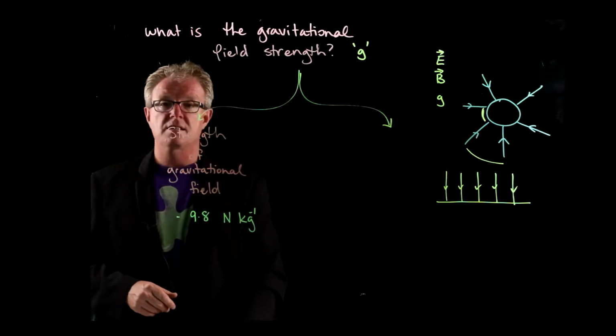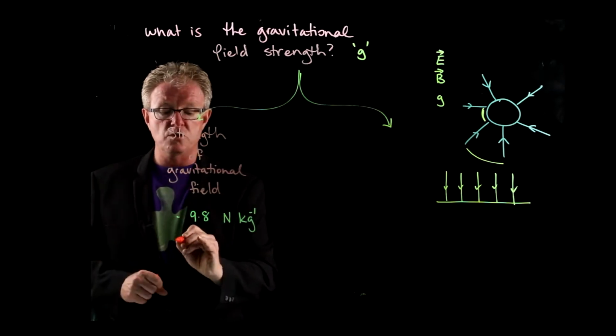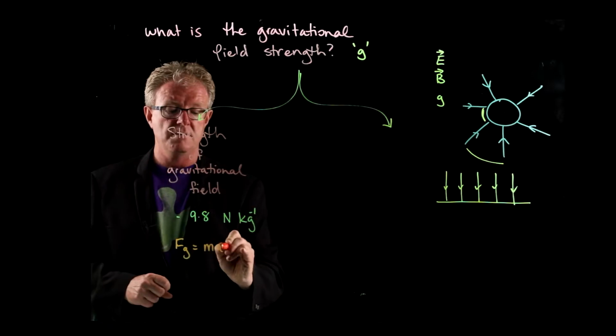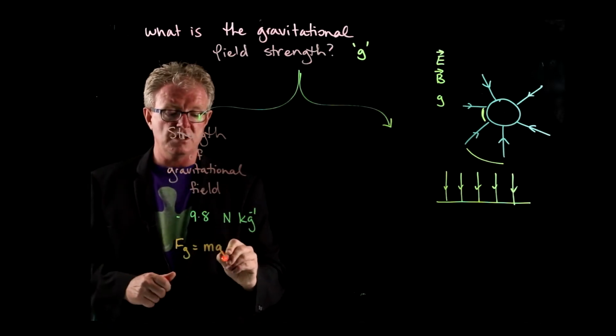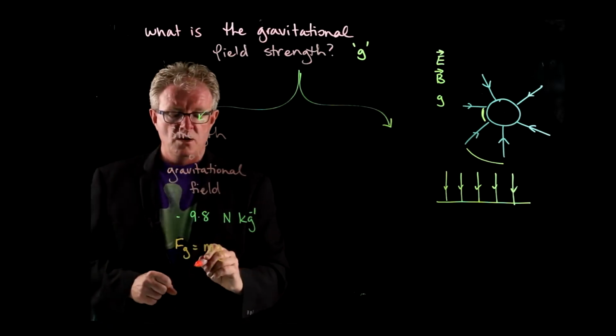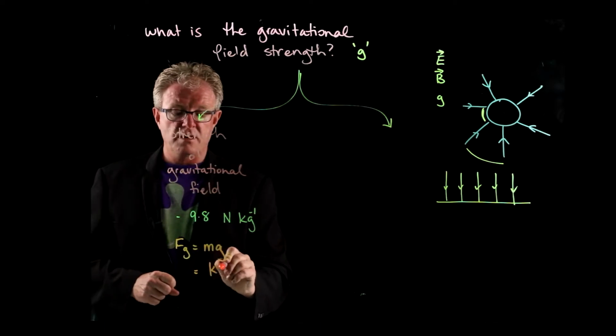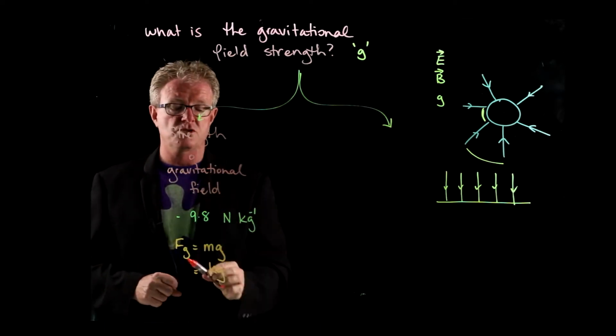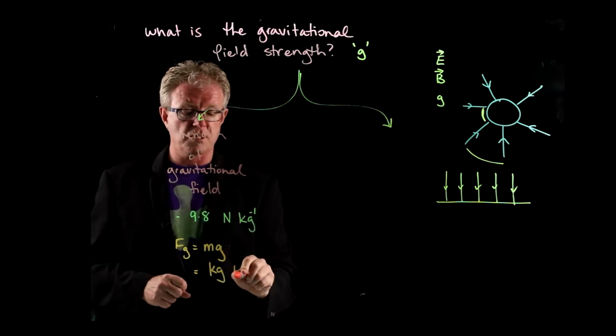Of course that makes perfect sense because when we use the good old equation Fg equals ma, we know that a is the g in this instance, and mass is measured in kilograms. The gravitational strength is measured in newtons per kilogram.